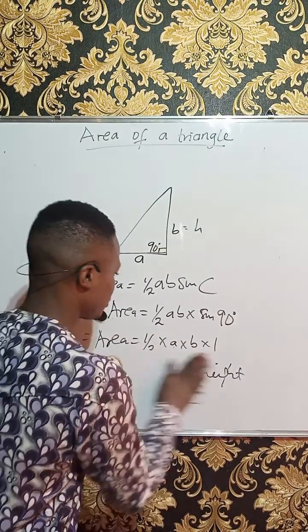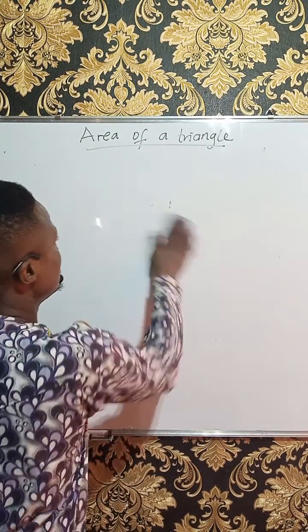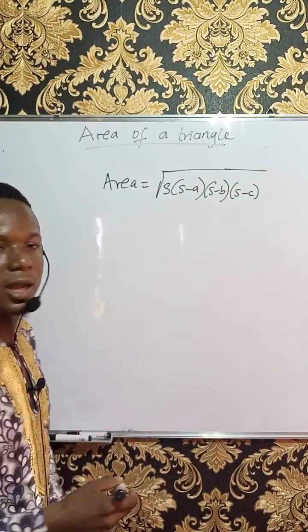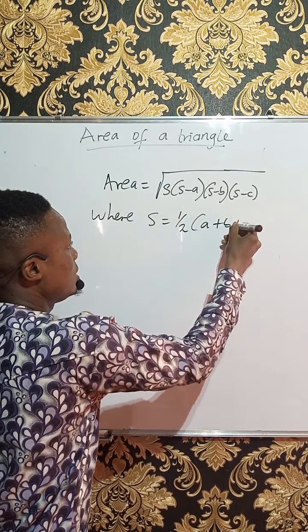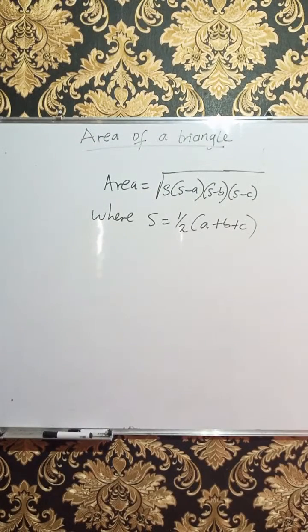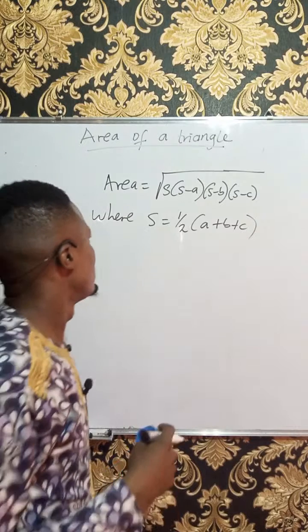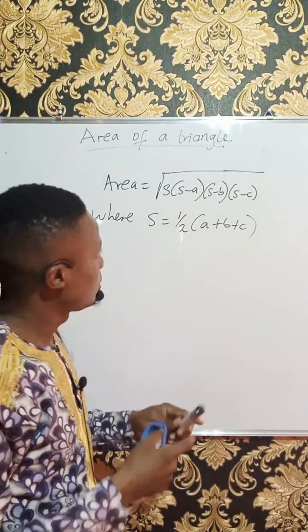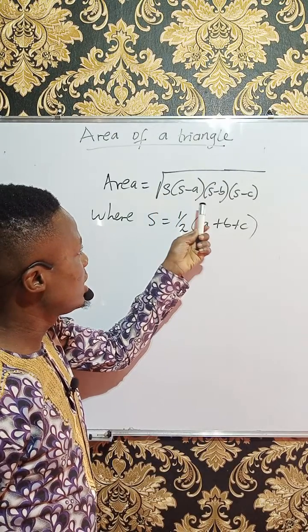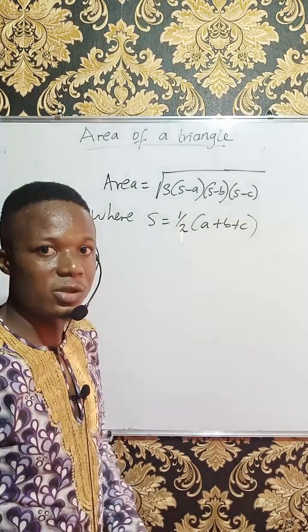The formula is Heron's formula: the area equals the square root of S times S minus A times S minus B times S minus C, where S is half times A plus B plus C. This is the value of S, not the area. Look at the area here.